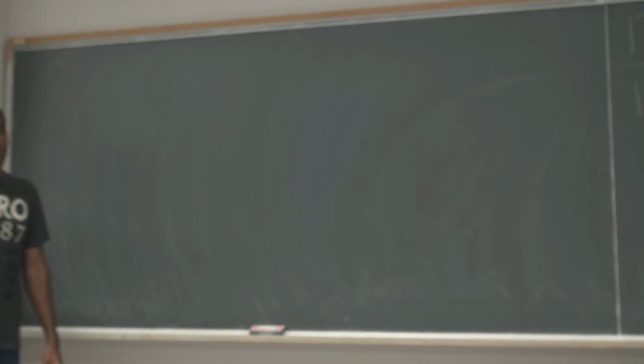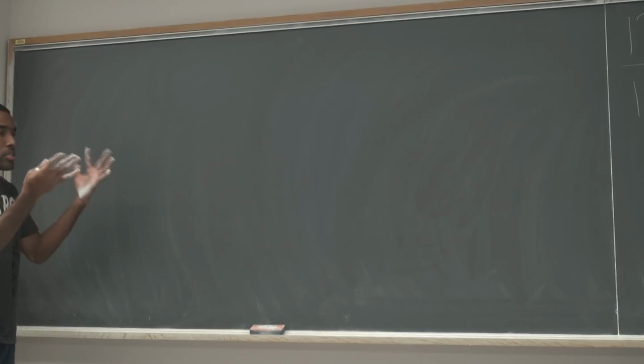The gradient vector. Okay, so now, if we know that z is equal to f of x, y, how do I find the gradient vector to that surface? Well, I bring everything to one side, remember?